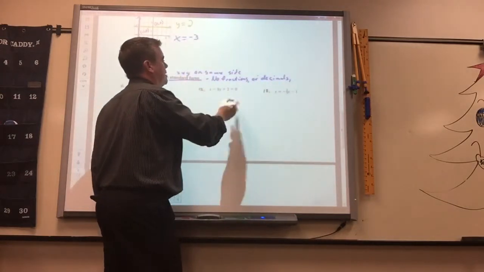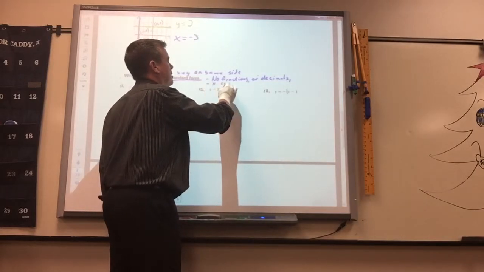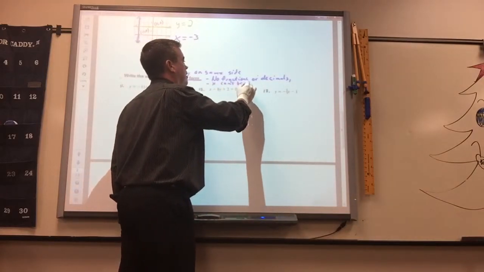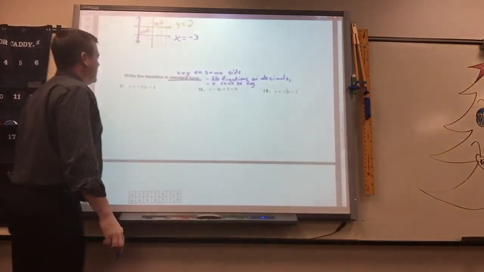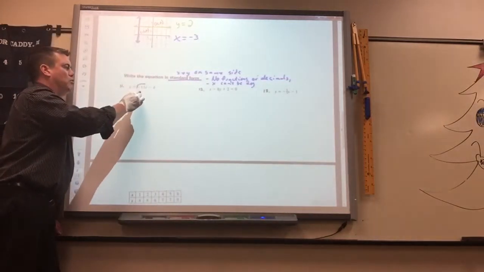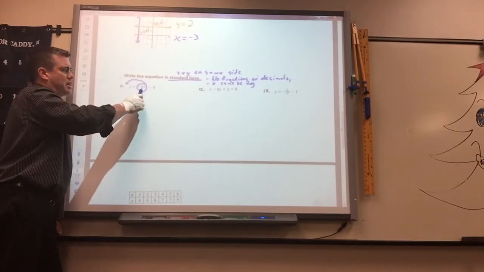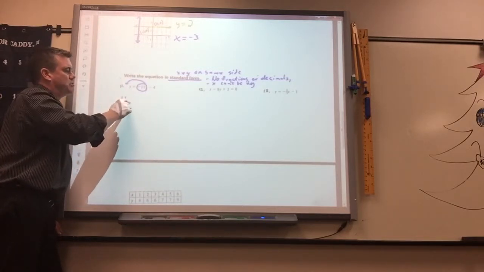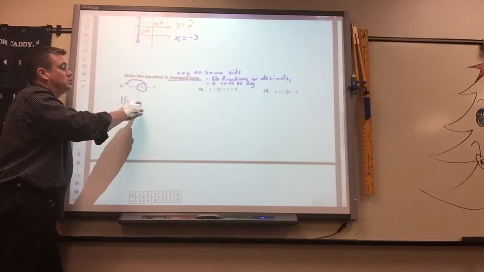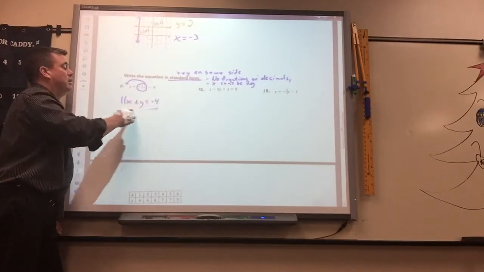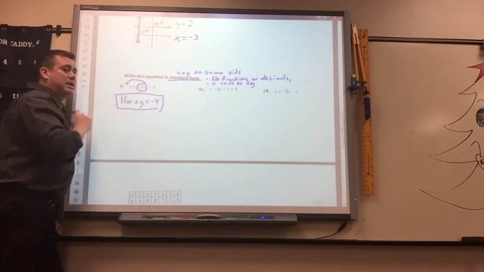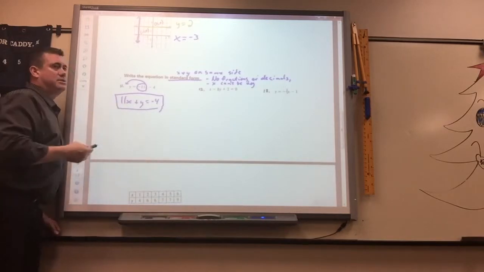And x can't be negative. So on this one, when you move it over, remember anytime you move something, it just changes sign. So this would just change to 11x, positive 11x, plus y equals negative 4. And you're done. You got the x and y on the same side. There's no fractions. x isn't negative.